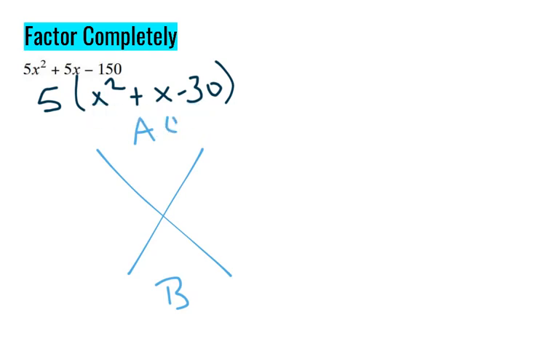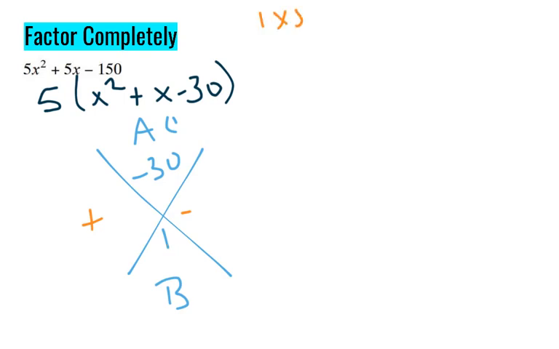So 1 times negative 30 gives us negative 30, and our b, the number in front of x, is 1. I'm looking for numbers that when I multiply them, I get a negative, so one has to be positive and one negative. I need factors that multiply to 30 but when I add them together, I get 1.